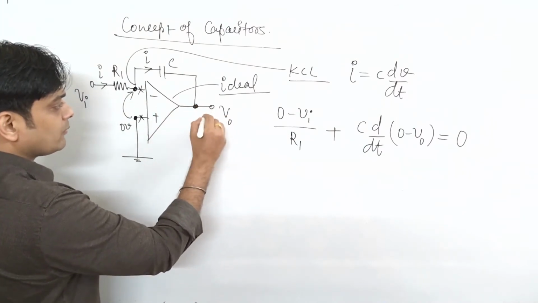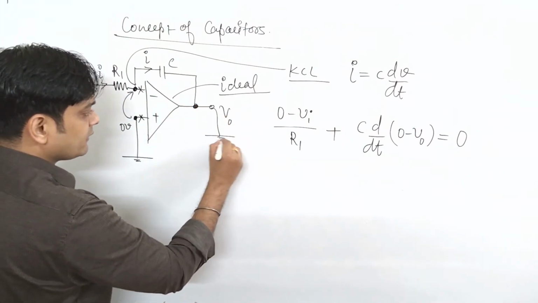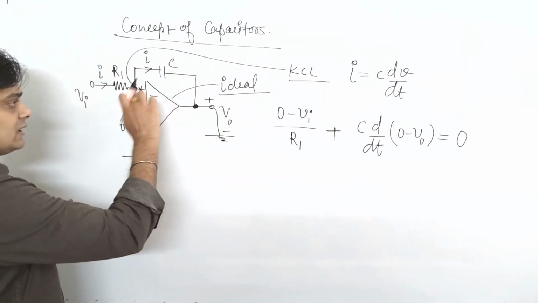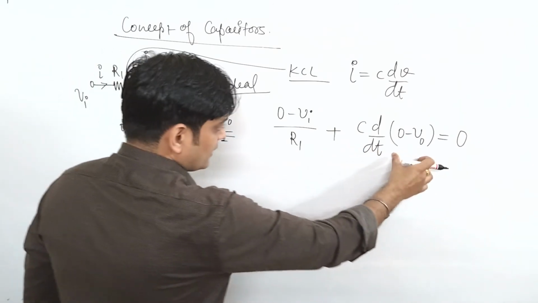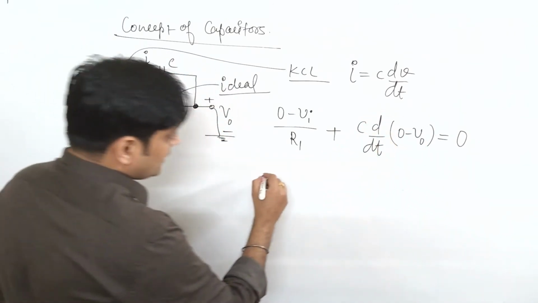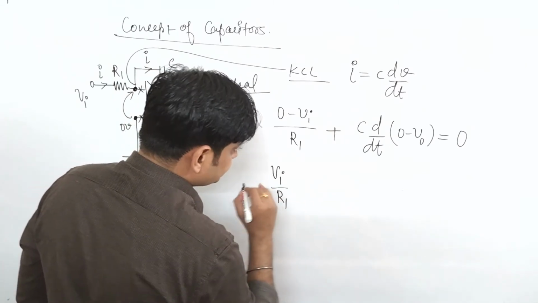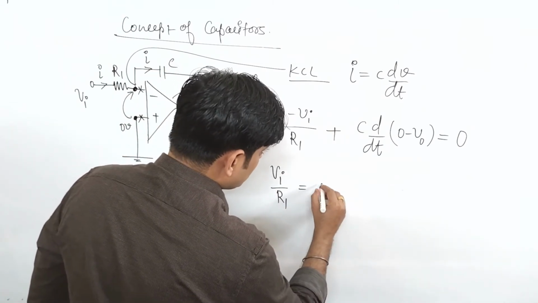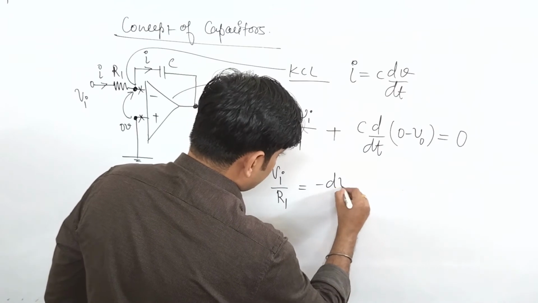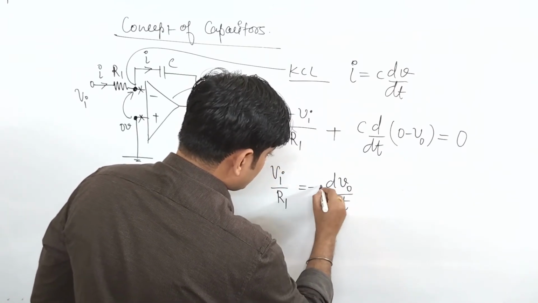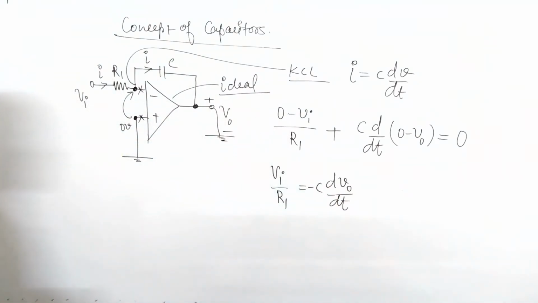Why is it 0 minus V0? This is your positive potential, which is further connected to ground. So when you apply a loop, it is 0 minus V0. So from here you can say that Vi upon R1 is equal to minus C dV0 upon dt. Yes, minus C dV0 by dt.